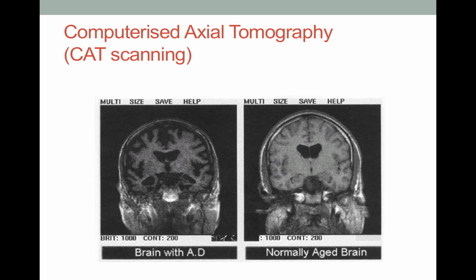There are differences in grey matter between the two brains, with the Alzheimer's brain, which we can see here on the left, showing a substantial loss in grey matter. The cortex around the brain appears darker because there is more CSF here as a result of the loss of grey matter. We can see that it's much darker than the grey matter around the healthy aged brain.